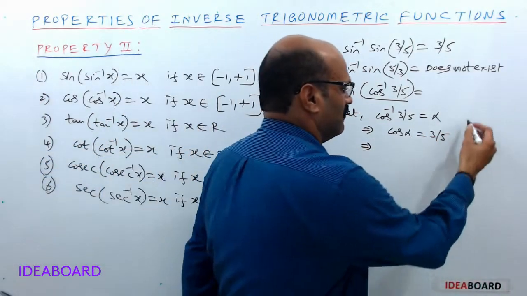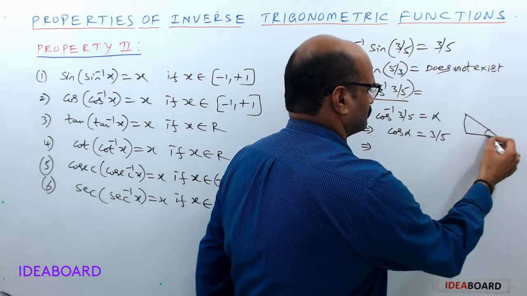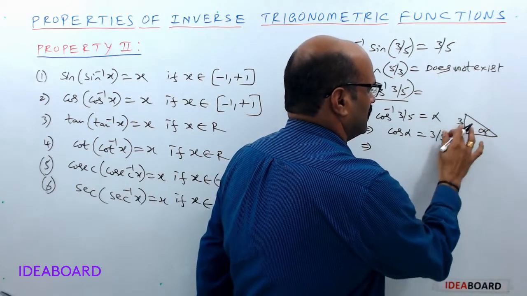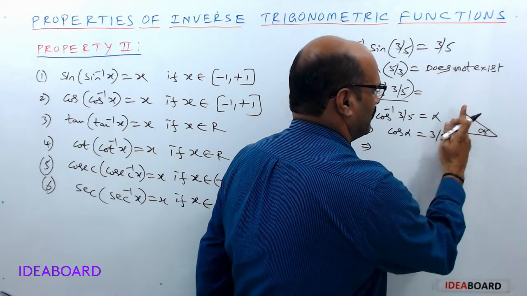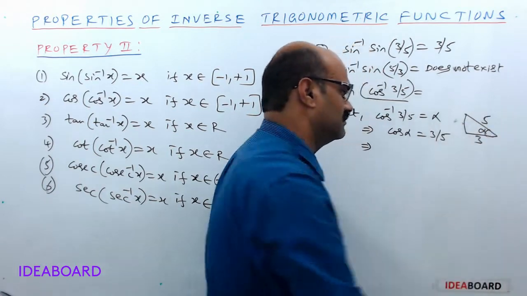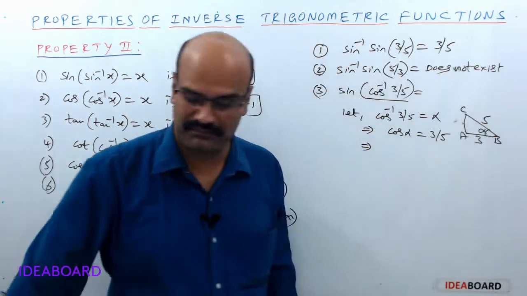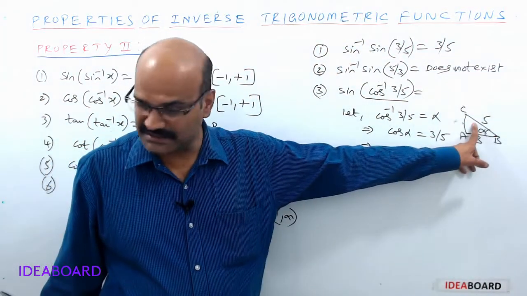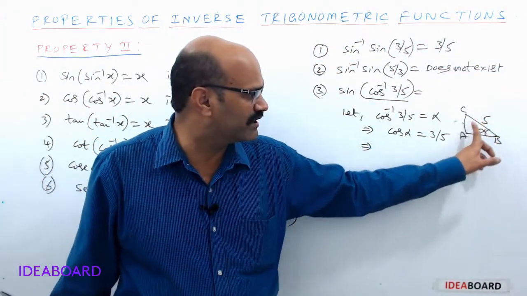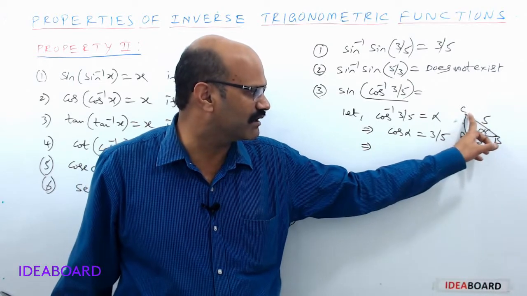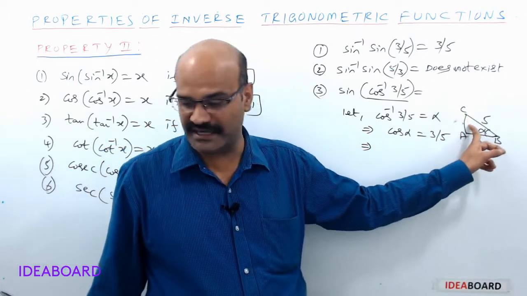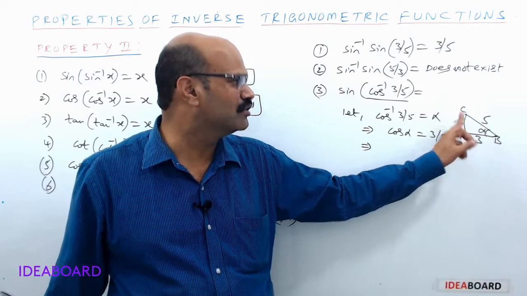Now cos alpha equal to 3 by 5. Now from triangle ABC, by using Pythagoras theorem, we have BC square equal to AB square plus AC square. After simplification, we get the value of AC equal to 4.